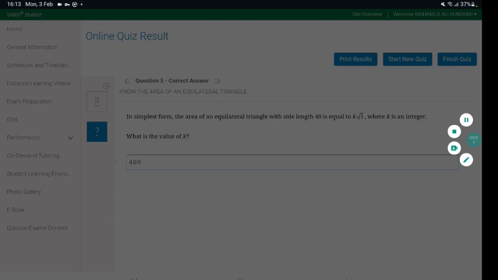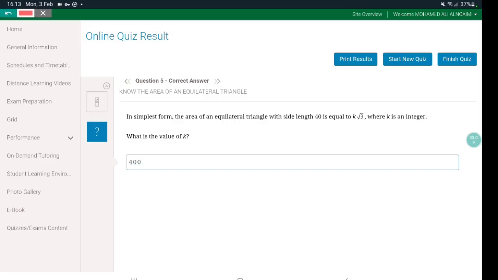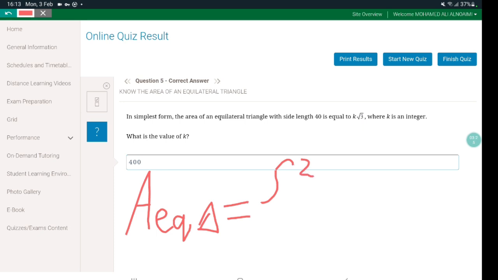For this, there is a specific rule for equilateral triangles. For equilateral triangles, the area is equal to side squared radical 3, all of it over 4.